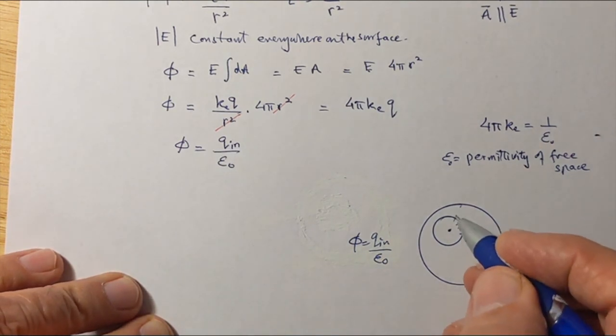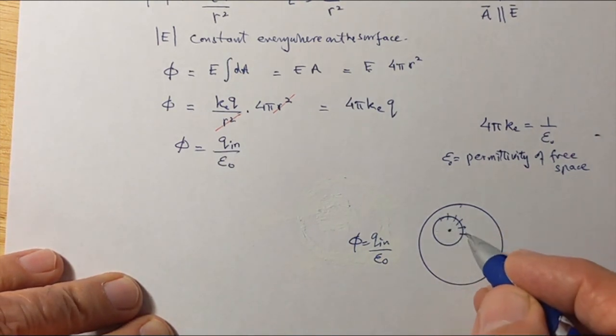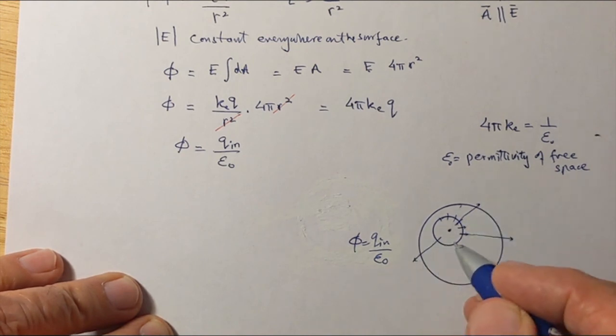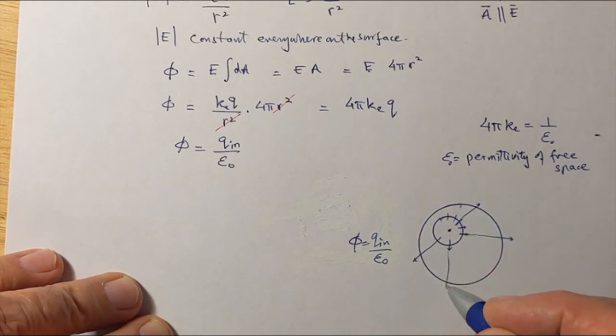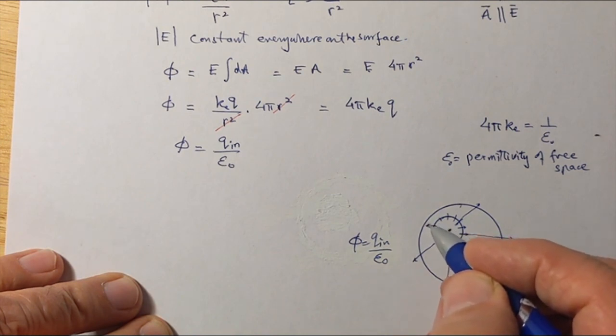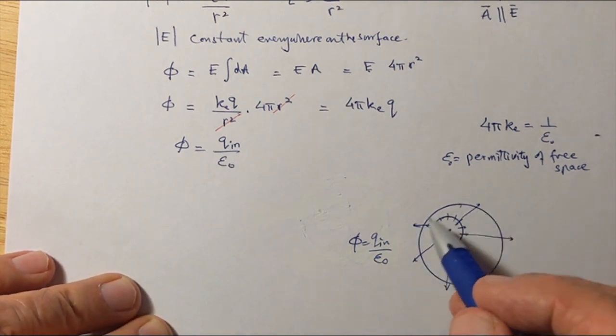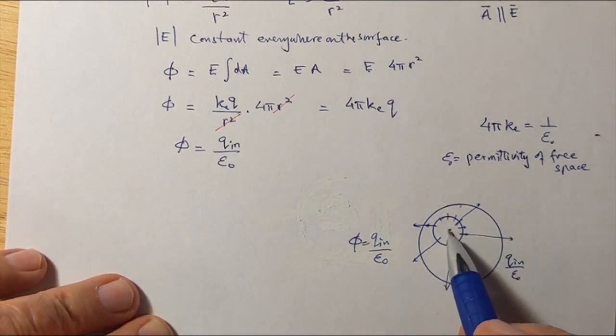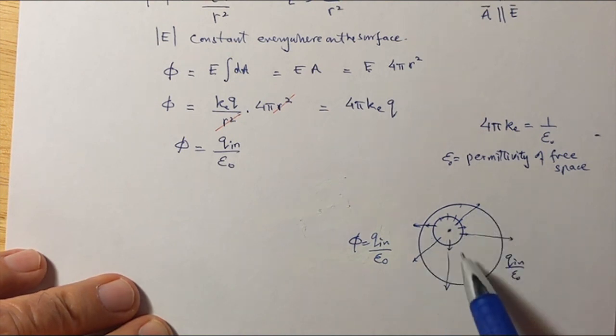So that's the flux that's leaving this surface. And as it leaves this surface, it has to leave this surface. Any flux leaving this surface has to ultimately leave the other surface. And therefore the flux to the outer surface is also Q in over epsilon naught. So it doesn't matter if the charge is in the middle or if it's off center.